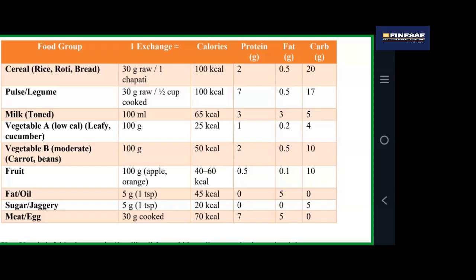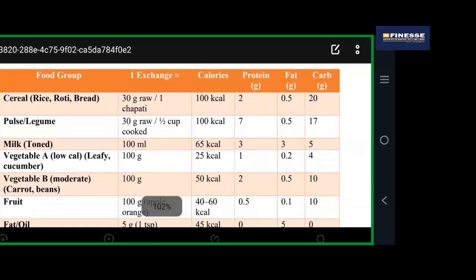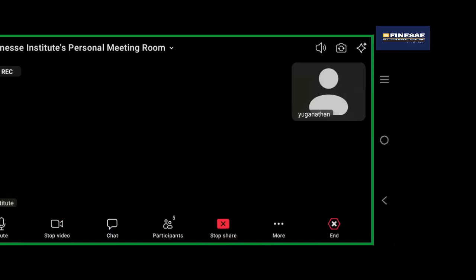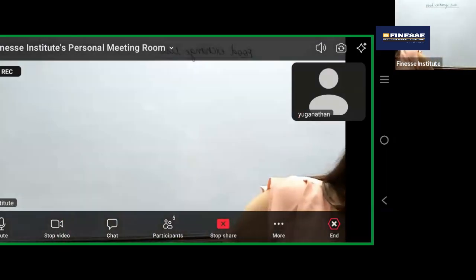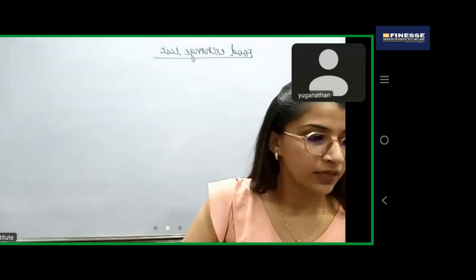Just see the cereal part. Is this a cooked value or raw food value?